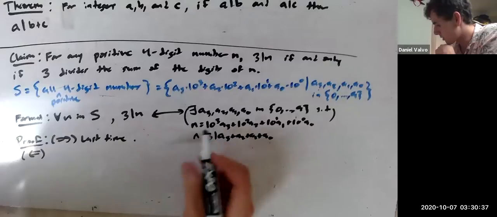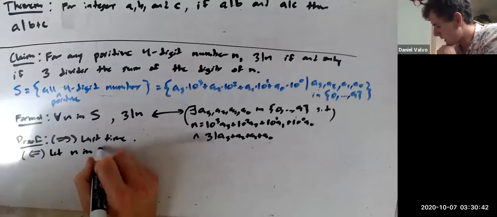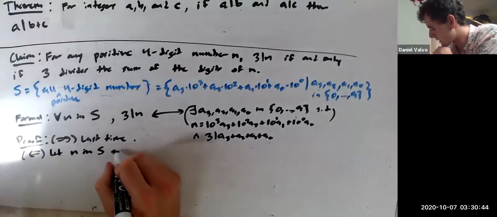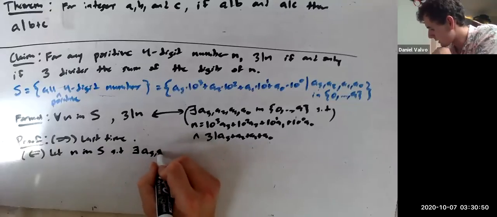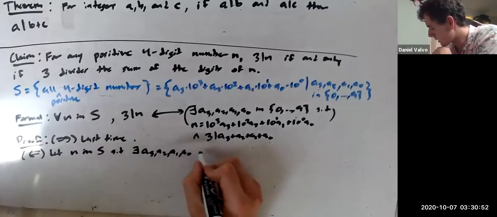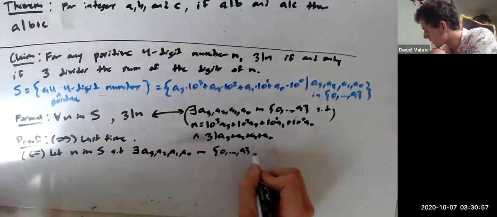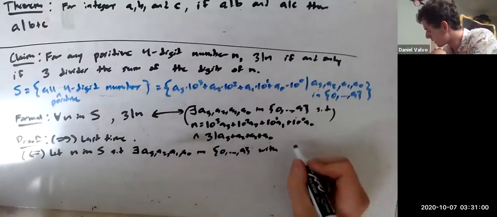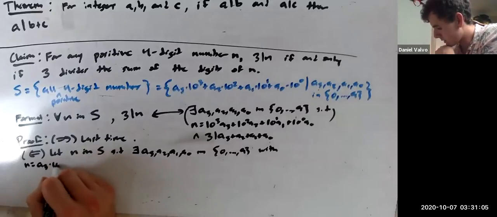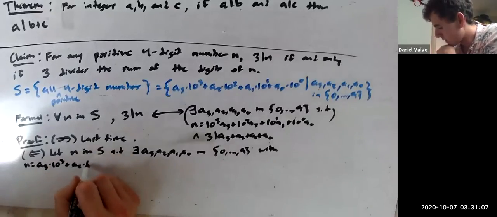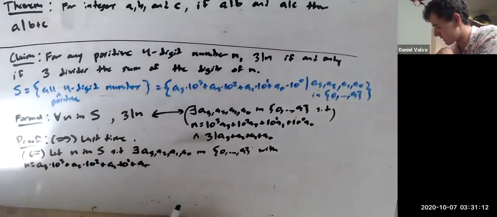So now we're going to start from this way. This is going to be a direct proof. So let n be in S such that there exists A3, A2, A1, A0 in 0 to 9 with n equal to A3 times 10 cubed plus A2 times 10 squared plus A1 times 10 to the 1 plus A0.